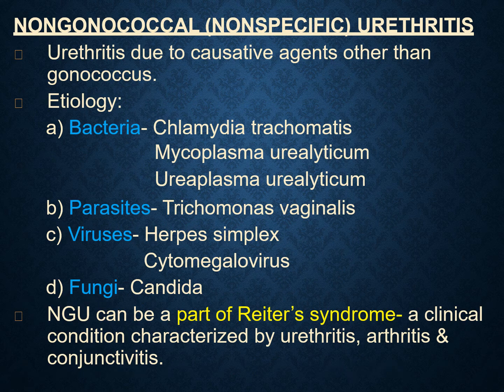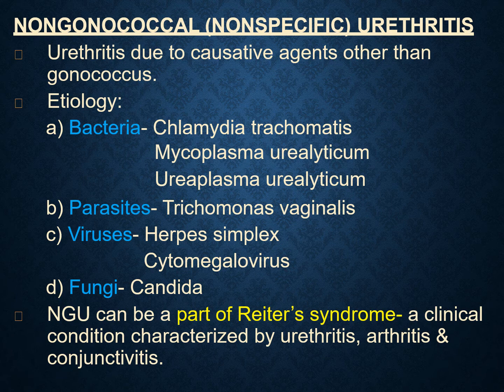Apart from Neisseria gonorrhoeae, some other bacteria, parasites, viruses, and fungi are responsible for urethritis. Urethritis due to causative agents other than gonococcus is called non-gonococcal urethritis or non-specific urethritis. Bacteria like Chlamydia trachomatis, Mycoplasma hominis, and Ureaplasma urealyticum are responsible for this kind of non-specific urethritis.